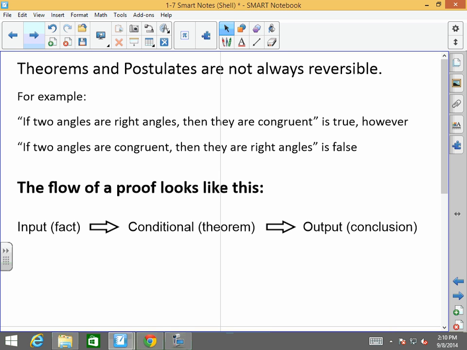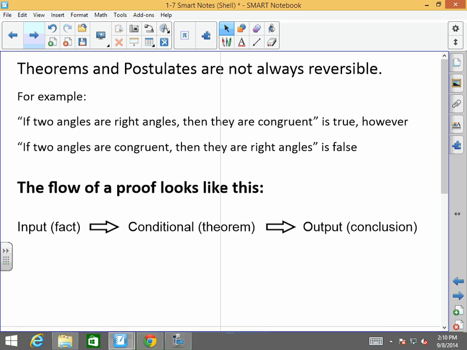Okay, guys. Now, theorems and postulates are not always reversible. Something is reversible if and only if both the conditional and the converse are true. That's why definitions are always reversible. For example, if two angles are right angles, then they are congruent. That's true. That's called the right angle theorem. However, can we say that if two angles are congruent, they are right angles?